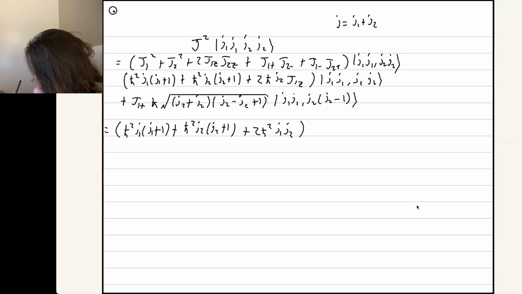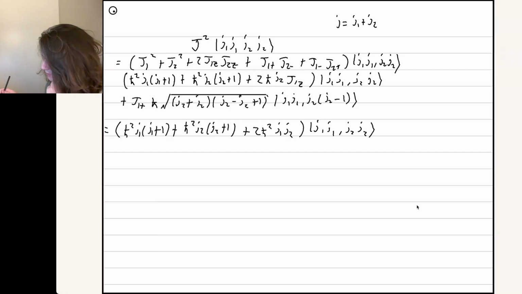And that's it, so it's just J1, J1, J2, J2. Nothing changed there. Now you have a raising operator on the first value of M. M1 is already equal to J1 again, so it can't go any higher, and that coefficient is 0. So we just have this, which is lovely.